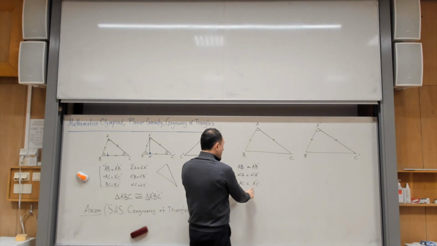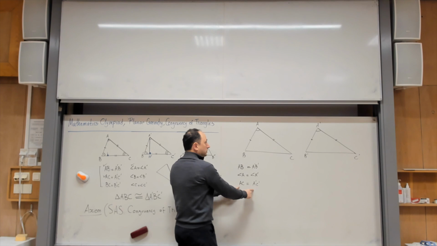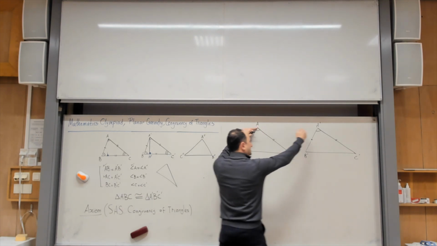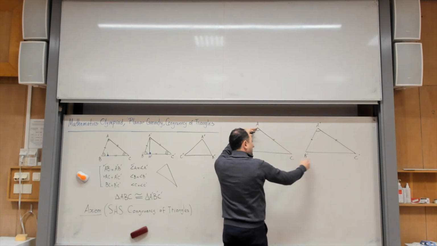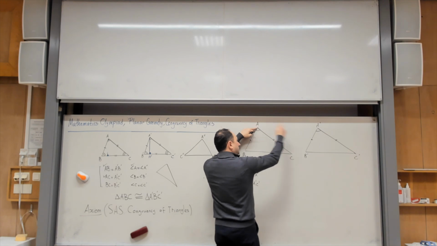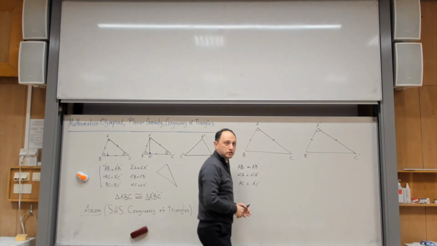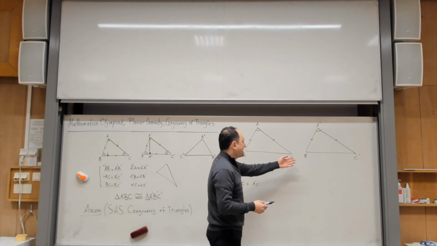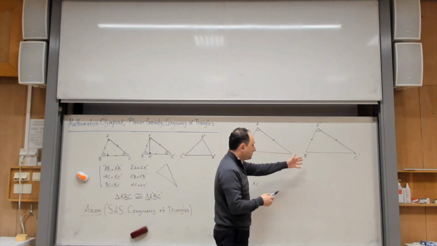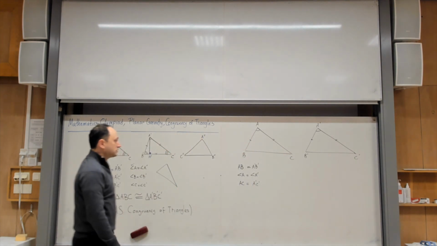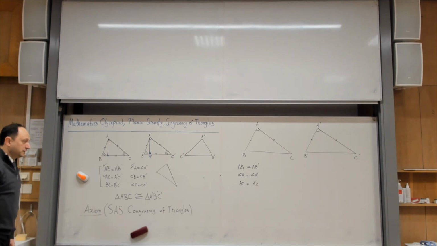And then because you're also telling me that these are equal, if A prime is already on top of A, and this side is lying on this side, and C prime to A prime has the same length as C to A, then definitely C prime also lies on C. And if they are this, then B prime C prime has to match with B and C. But I told you that this is not something that we prove. We actually take it as an axiom.